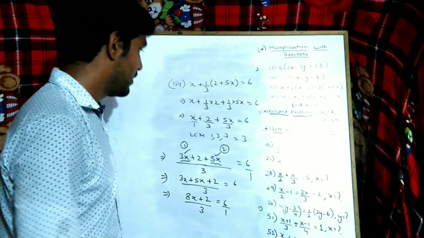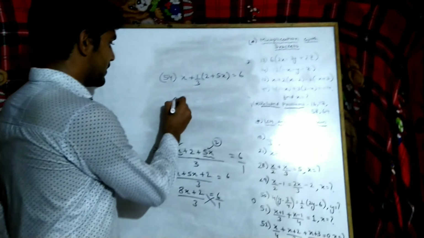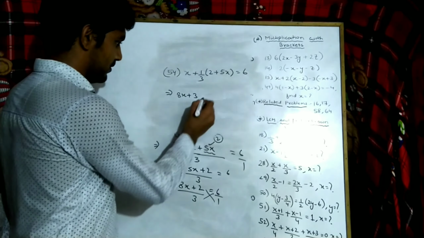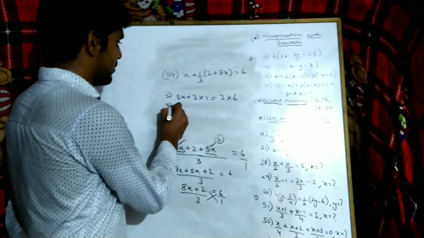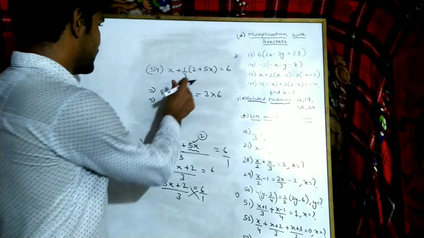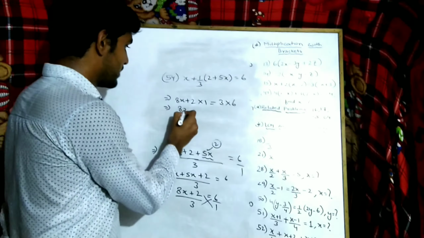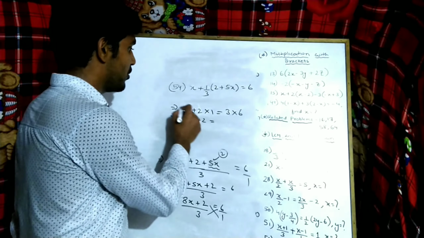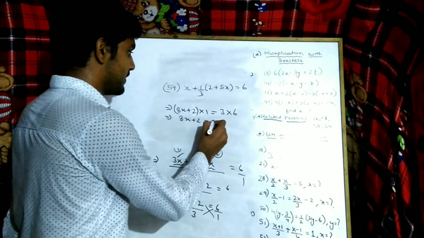Now cross multiply. 8x plus 2 is equal to 3 into 6, because anything multiplied with 1 comes the same only. So 8 into x, 8x, and 3 into 6, 18.